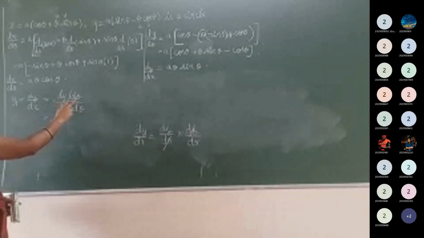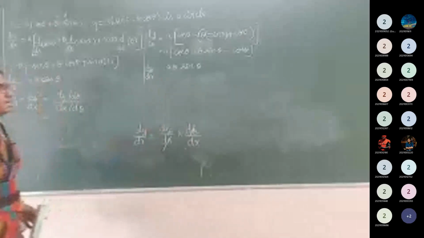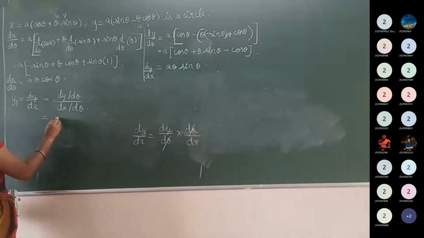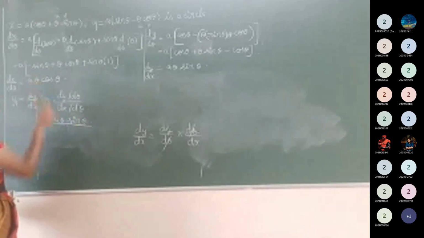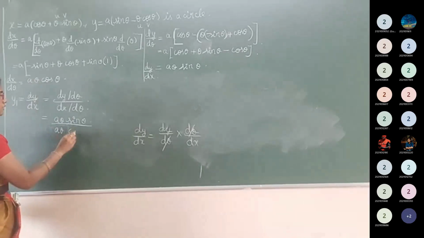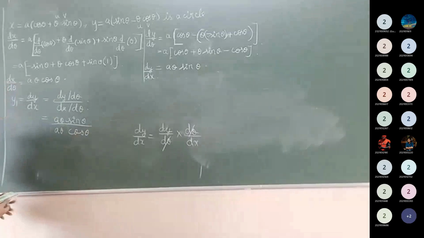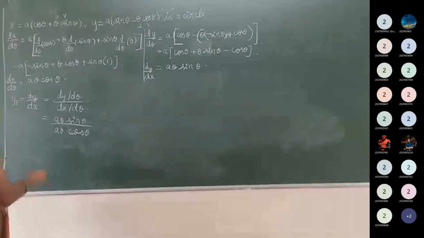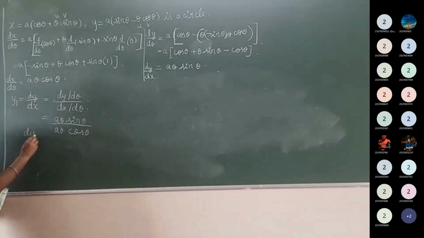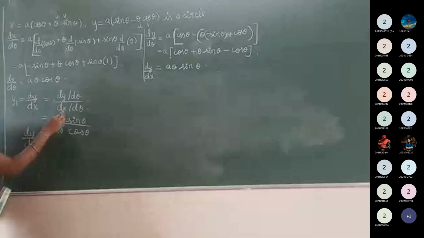Then dy by d theta is a theta sin theta, divided by a theta cos theta. That will be dy by dx.